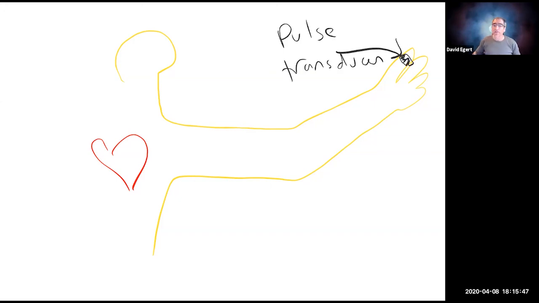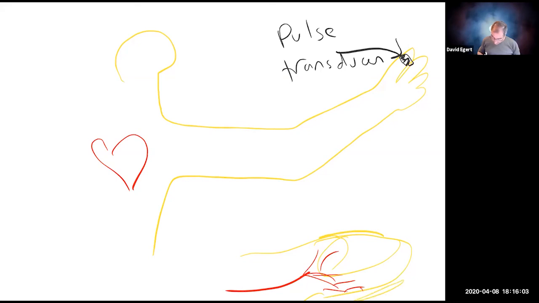The pulse transducer basically detects movement. As if this is your thumb here, as the blood comes in under pressure and fills it up, the thumb will get a little bigger. When the blood pressure goes down, it gets a little smaller. So the volume of the thumb is going up and down.